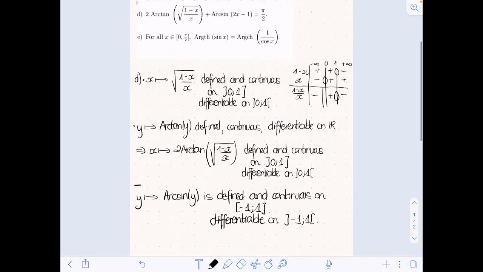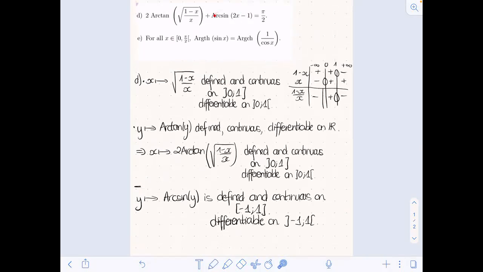So how can we find where arcsine of 2x minus 1 is defined and differentiable? With two inequalities, so -1 less than or equal to 2x minus 1 less than or equal to 1. Yeah, absolutely. We need to find x such that 2x minus 1 lives in here.